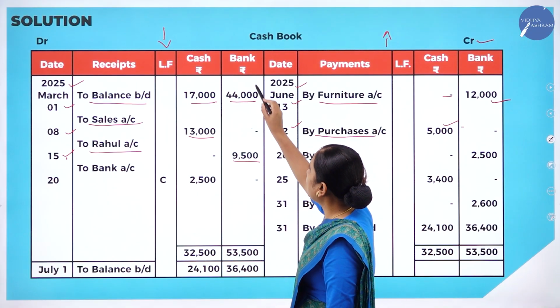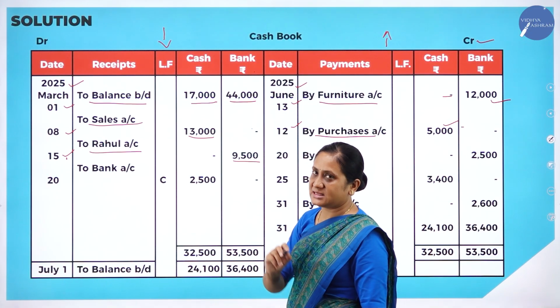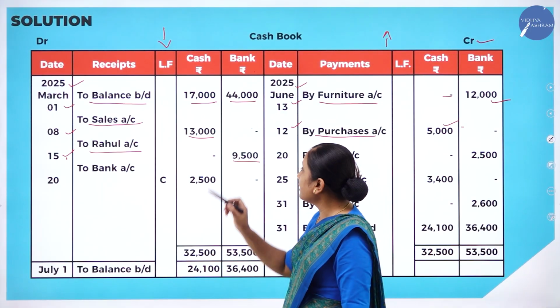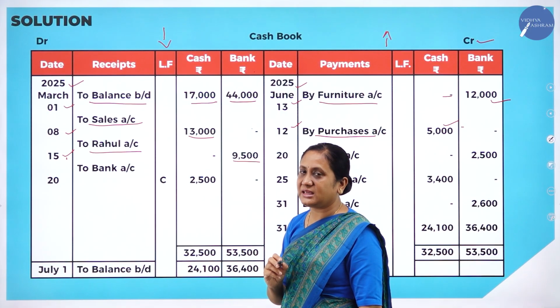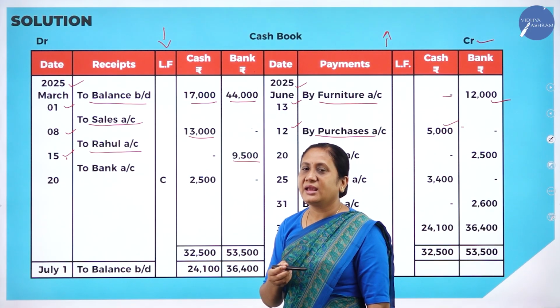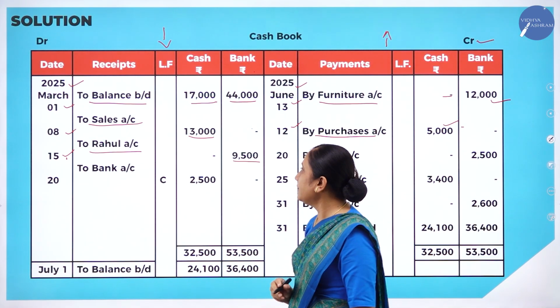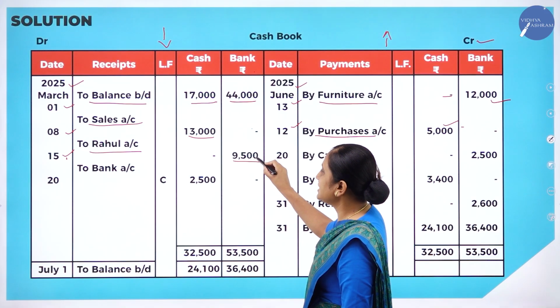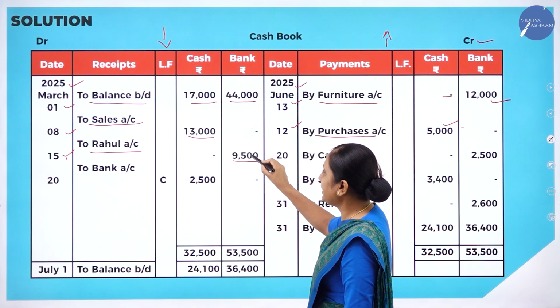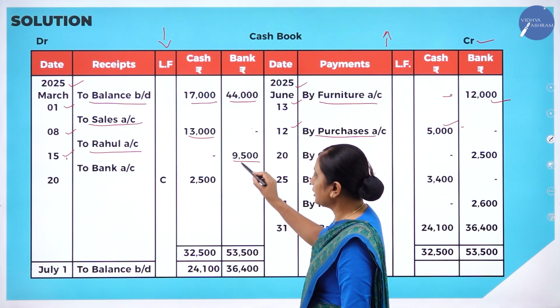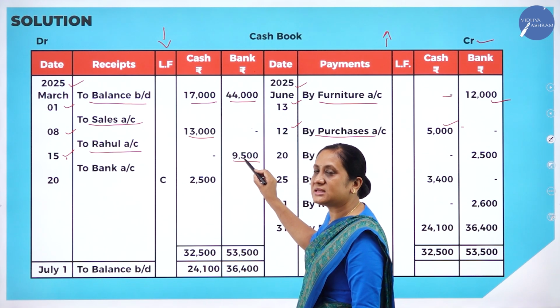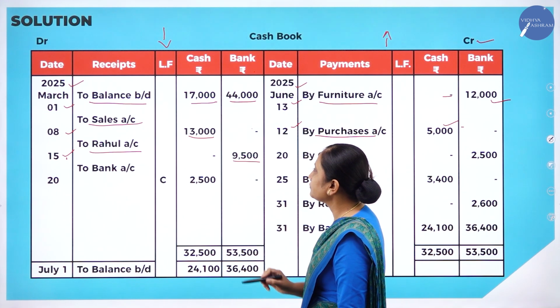That is why my bank balance is increasing. There is an inflow of cash. We received the check, and on the same day it is deposited into the bank, so the bank balance is increasing. So we will write it in the bank column, because we have deposited the check into the bank on the same day.